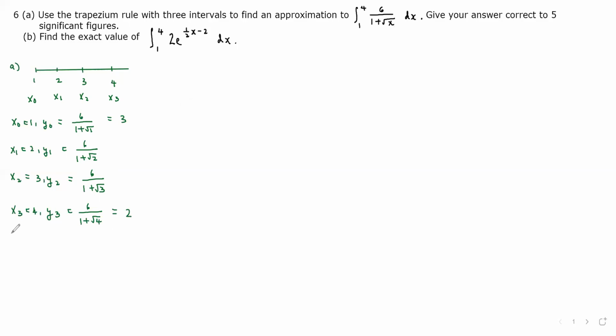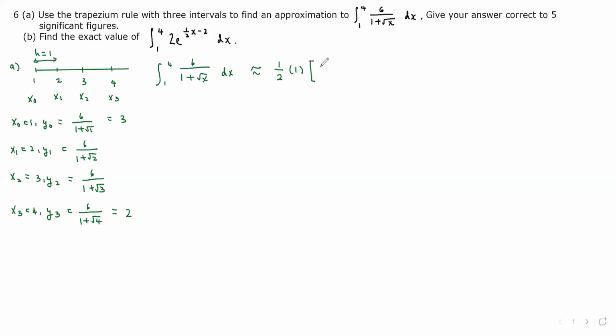So from the trapezium rule, we know that the area under the curve of 6 over 1 plus root x dx is approximately given by 1 over 2. This width here is 1, so h is 1 multiplied by 1.